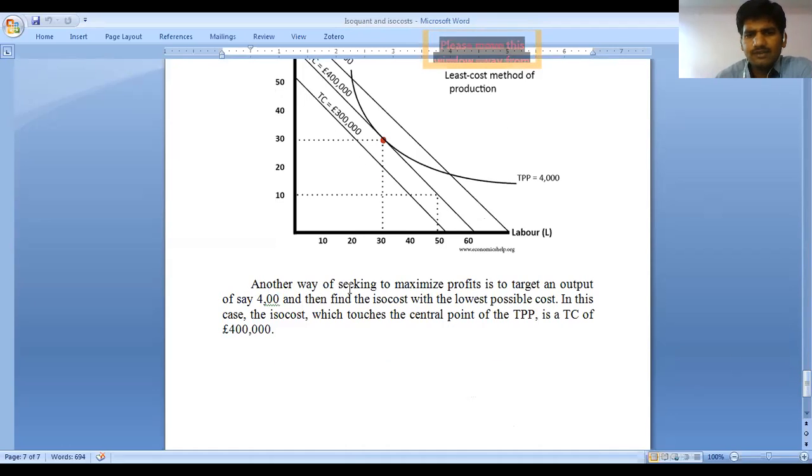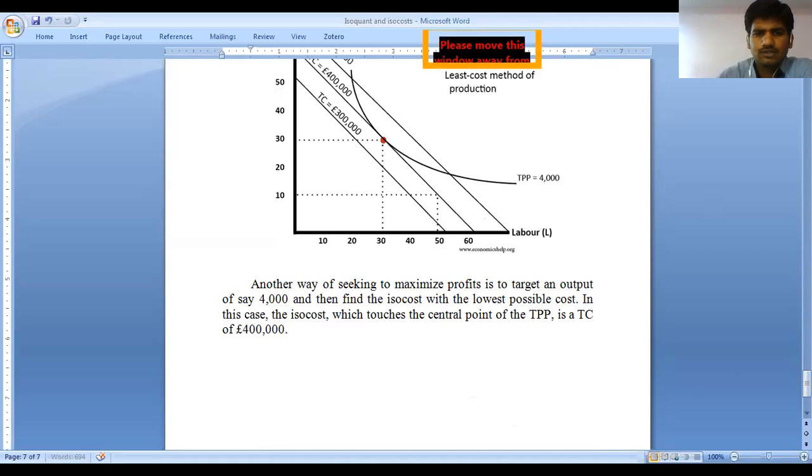See, another way we are seeking the maximum profit in a target output. Suppose, for example, that is 4,000. So that is 4,000, and we find the ISO cost and the lowest possible cost. In this case, the ISO cost which touches the central point of TPP, that is TC of 4,000.